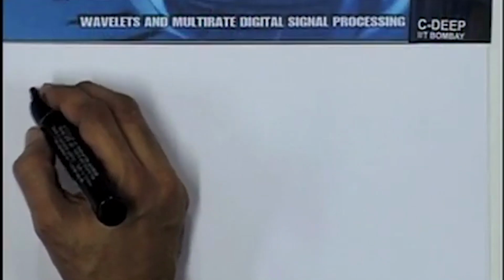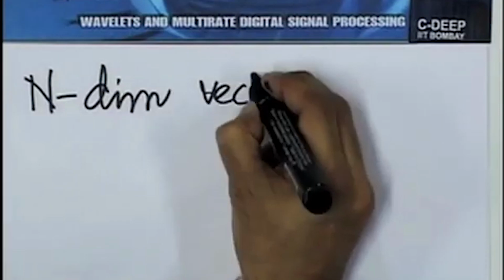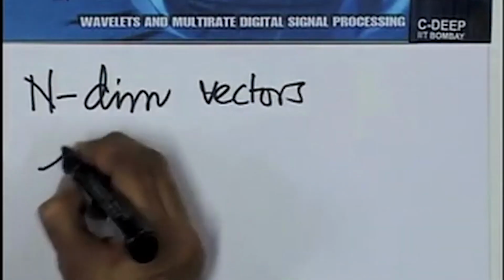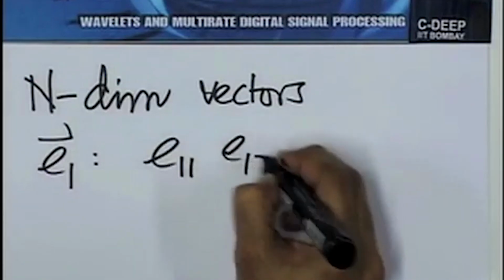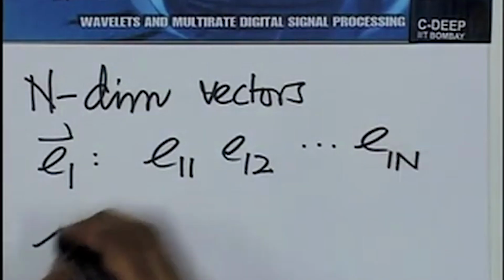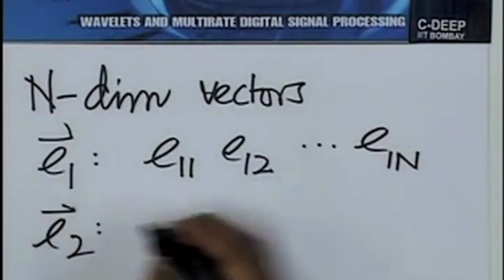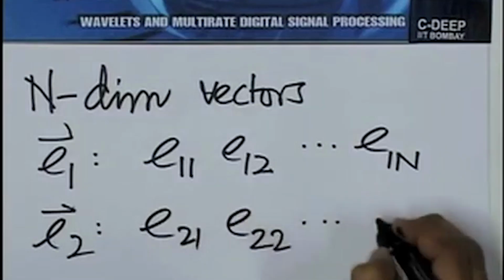Suppose we had two n dimensional vectors characterized by coordinates. E1 characterized by coordinates E11, E12 up to E1n, and similarly E2 characterized by the coordinates E21, E22 up to E2n.